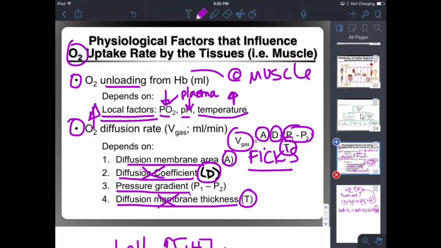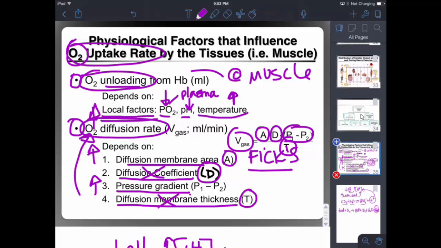So the two things that we see change during exercise is we see greater diffusion area and a greater pressure gradient, and together those things help the oxygen diffusion rate to increase during exercise. And if you are diffusing oxygen faster and you're unloading more, you end up taking more up by the muscle. Okay, but let's talk about these two here a little bit more.